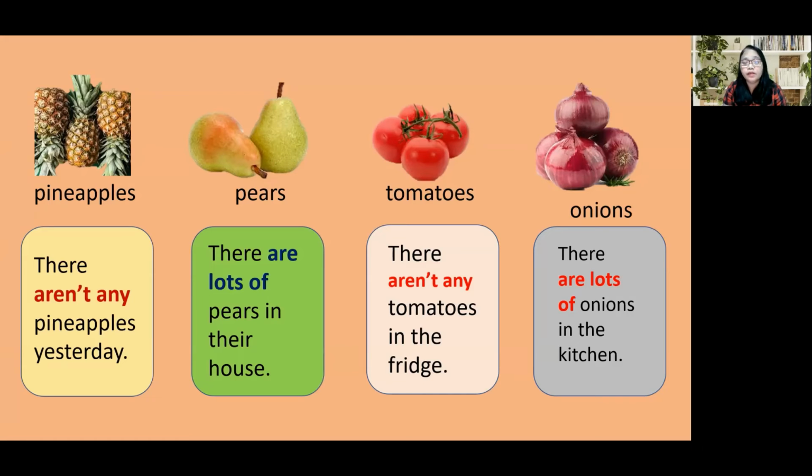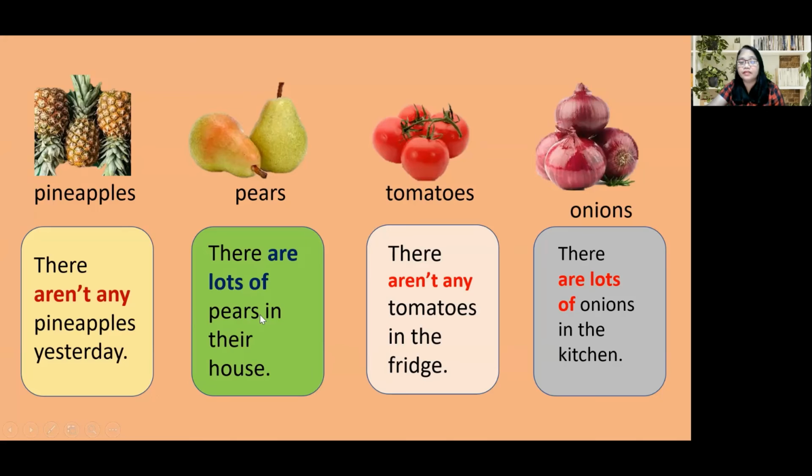Try to remember how to say them, how to spell them, and how to use them in simple sentences. You can just say there aren't any pineapples. That's correct already. There are lots of pears.